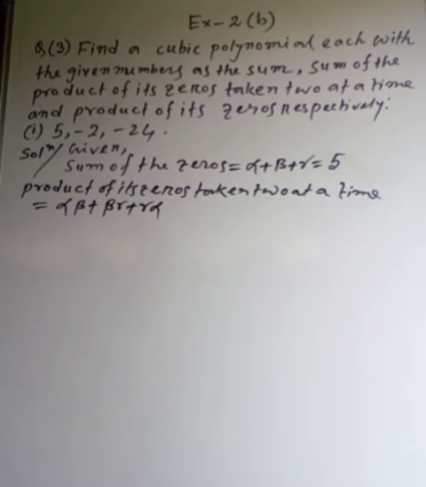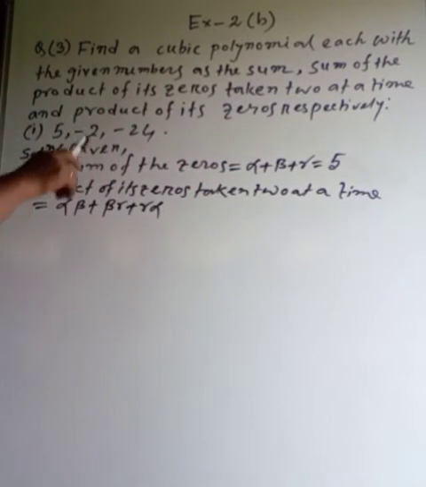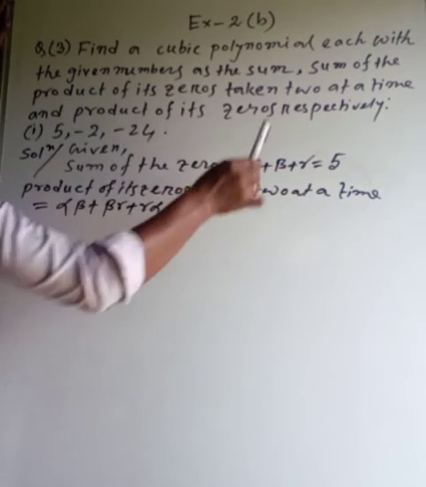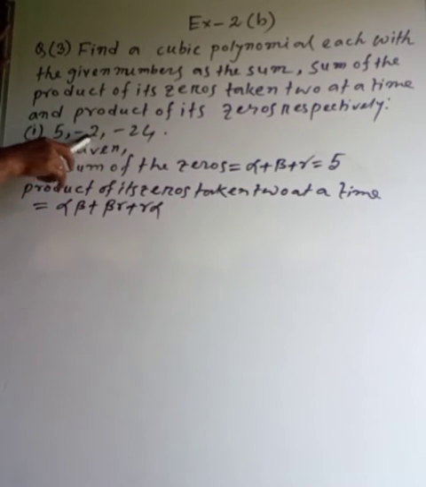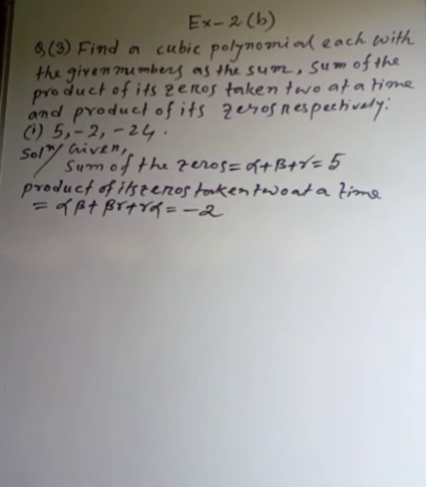Already we have learned this, alpha beta gamma means three zeros of the polynomial. According to the second part of the question, how much is this? This is minus 2. So we can write this is equal to minus 2.